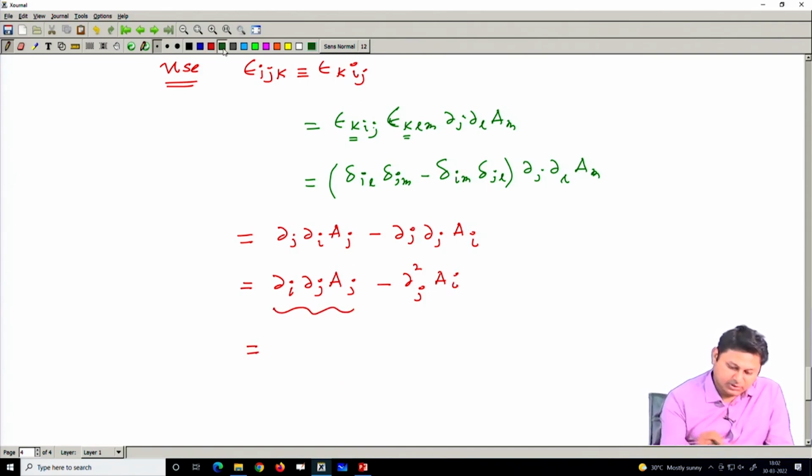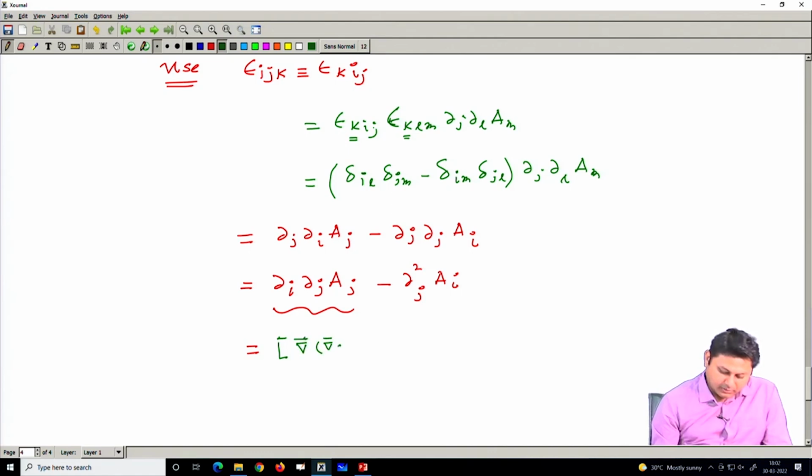Now, this quantity is very interesting. Please check it; I am not going to do the elaborate derivation here, you can take it as homework. This is the gradient of the divergence of A, in its ith component, and minus this is simply the Laplacian of A, in its ith component.